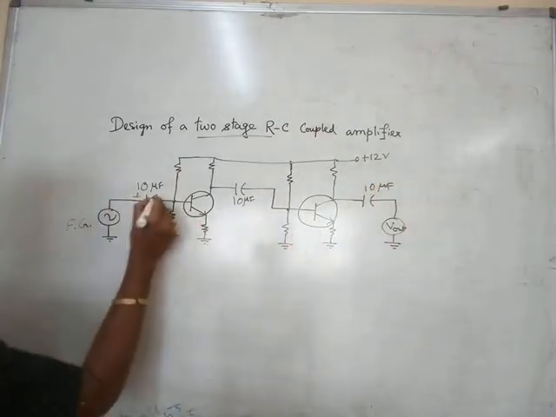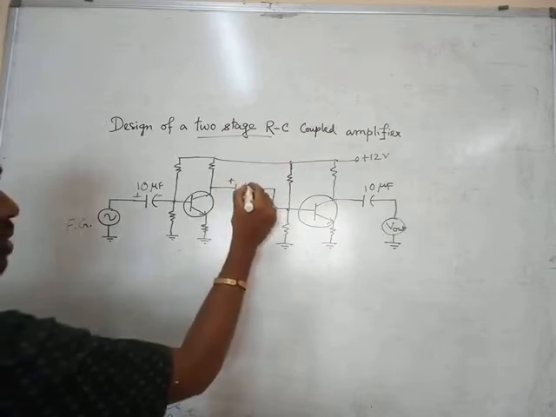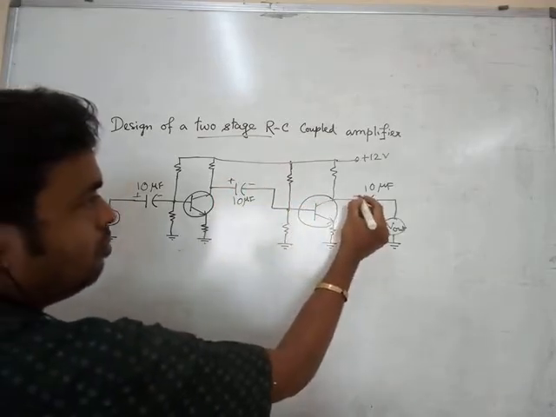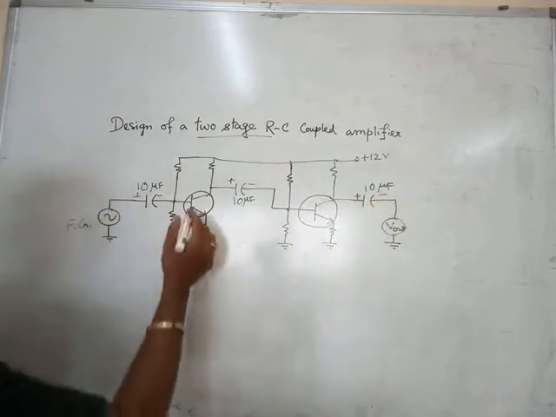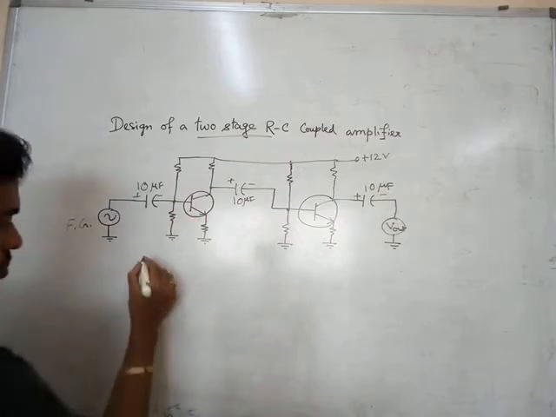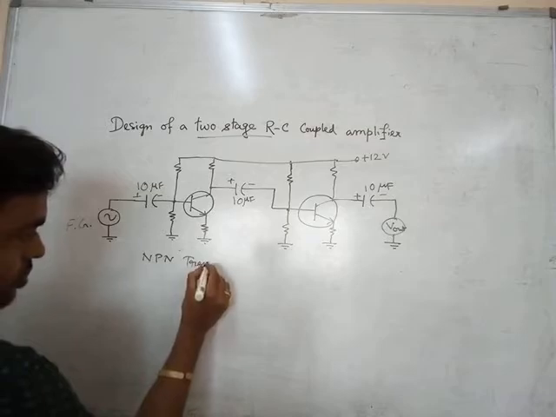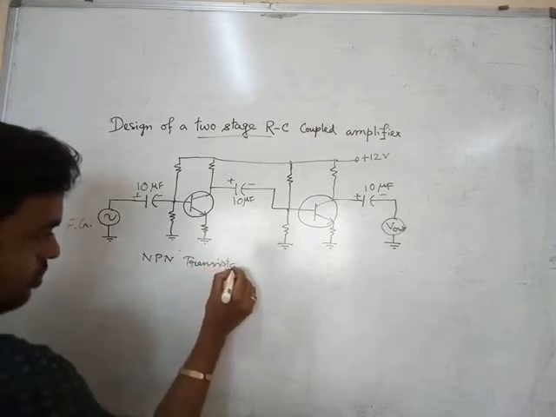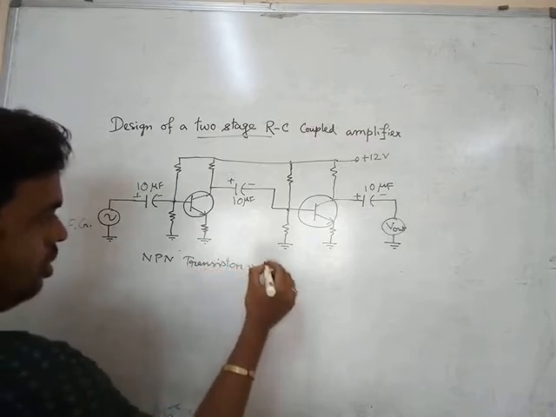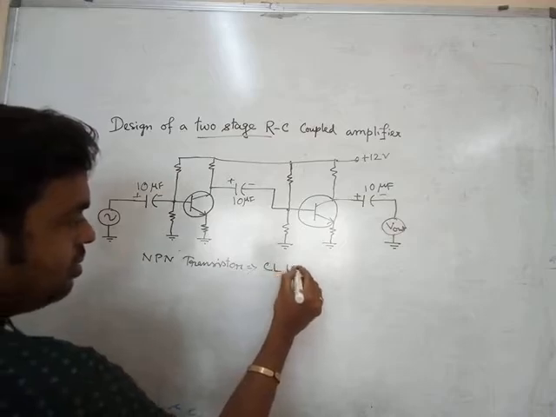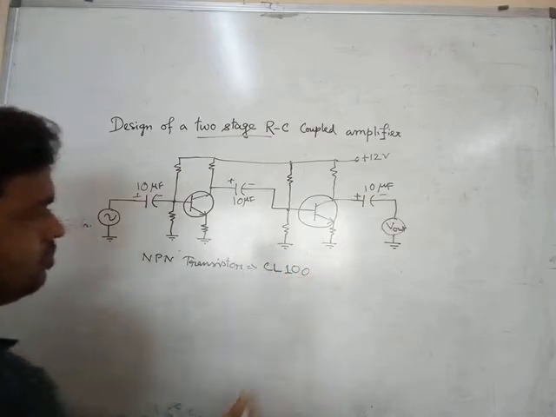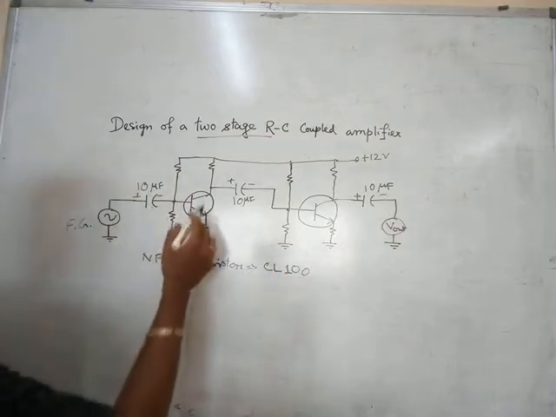This plus, this minus, plus, minus, plus, minus. This NPN transistor number is CL100. This base, emitter and collector.